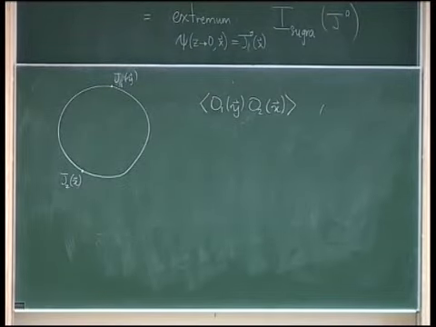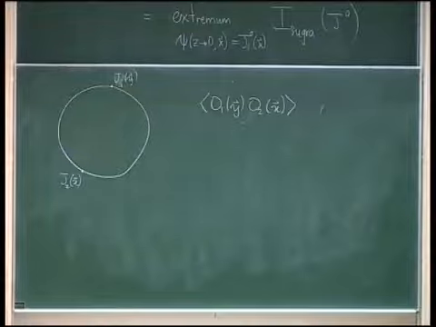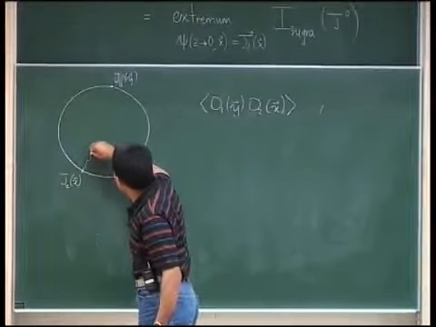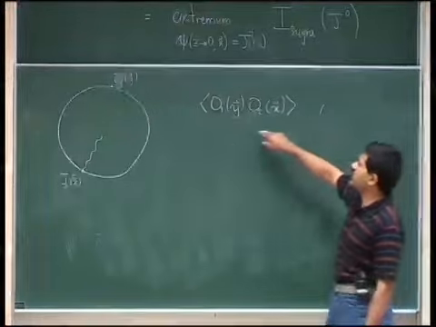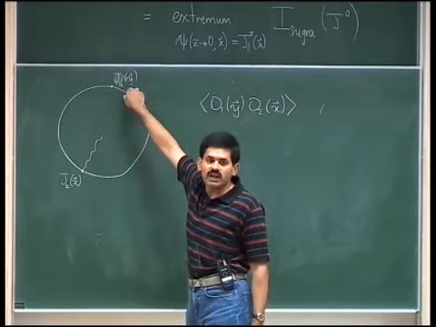I couple O1 to source J1 and O2 to source J2, and then I solve the bulk wave equation. Let's say I start here, I find the field, but then I have to connect it back to the other point.